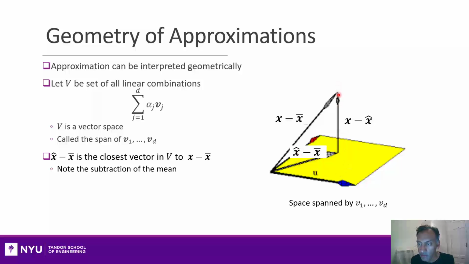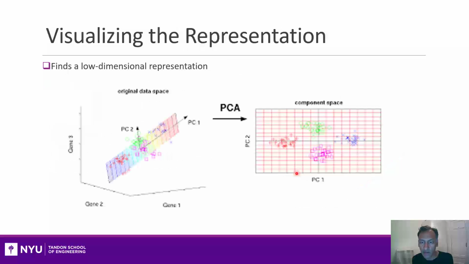Then the approximation is found by projecting x minus x bar onto that plane, and then we get back our x hat by adding back the mean. So it's really subtracting off the mean and then projecting onto this d-dimensional space. After this, we've done the dimensionality reduction, because all our approximations are living on this lower dimensional space.